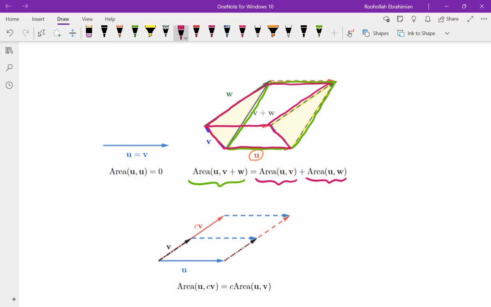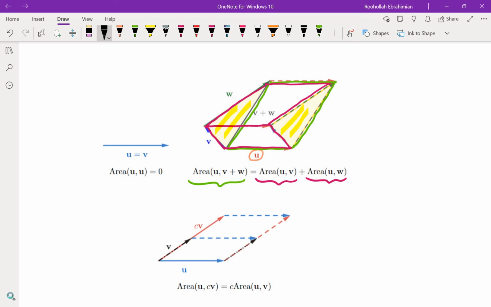The reason is the two triangles in yellow have the same area. By SSS, you can see that they are congruent and they have the same area. So one way of thinking about this is that when we add two vectors v and w, we are not changing the base, but we are increasing the height by the height when you add v and w.